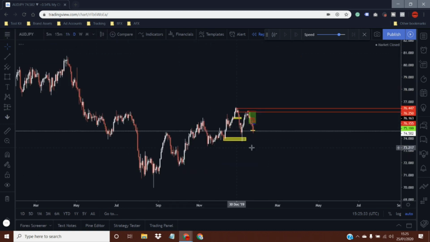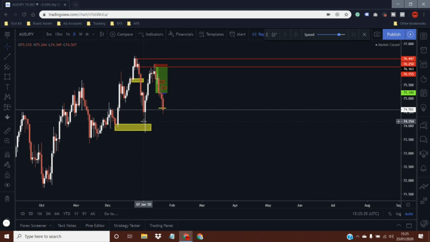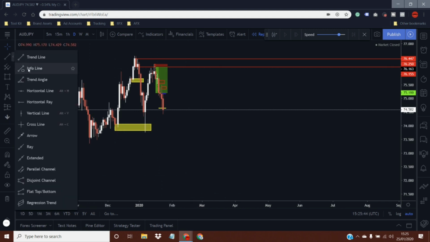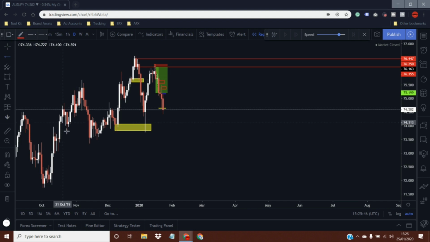But due to the length of this candle, I don't think the market would turn around at this point. I think it would potentially push down, right? And what do we have just below that? I mean, it's held for now, right?